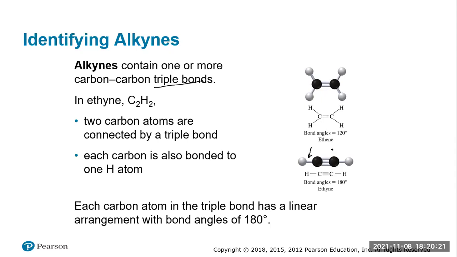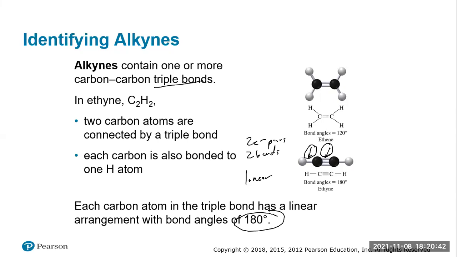So 1 electron pair, 2 electron pairs, and 2 bonds. That gives us now a more linear geometry, 180 degrees straight across. Any questions on that there?